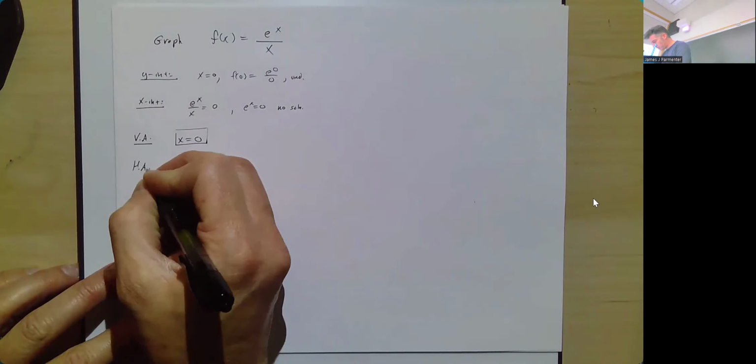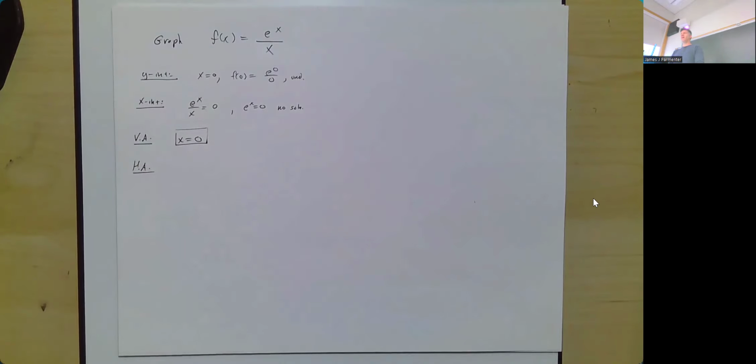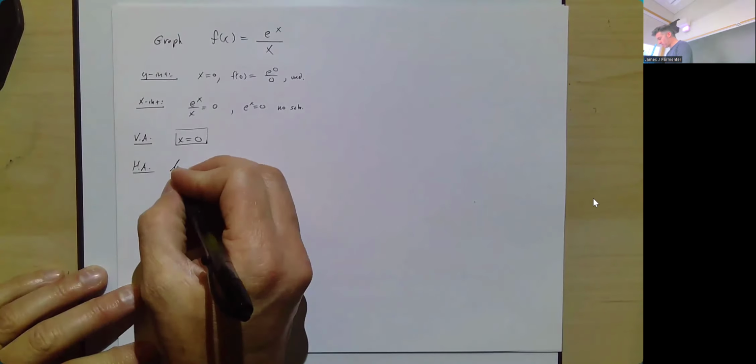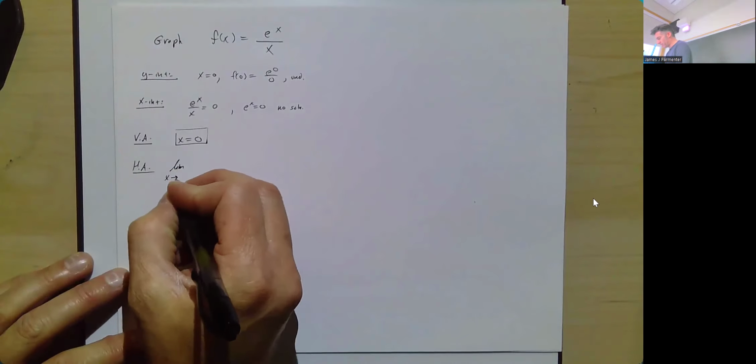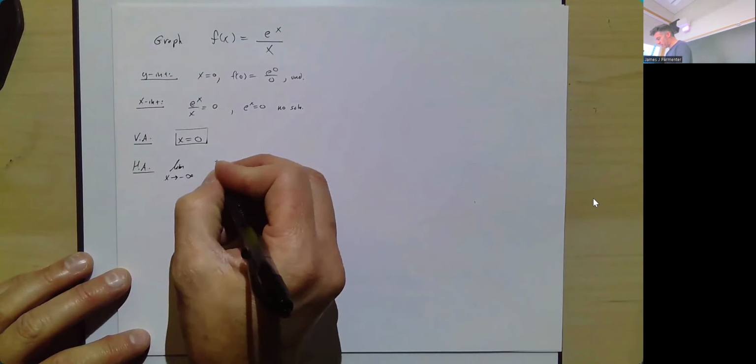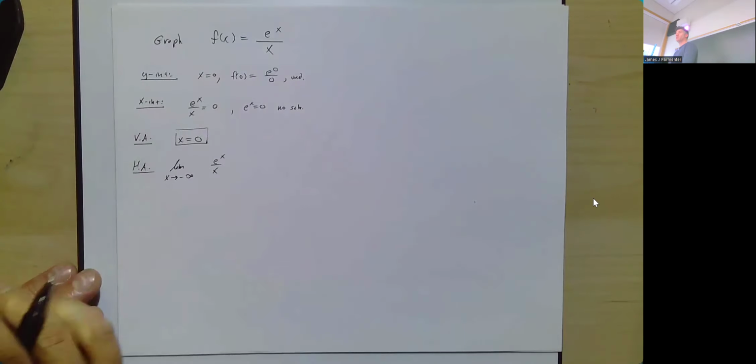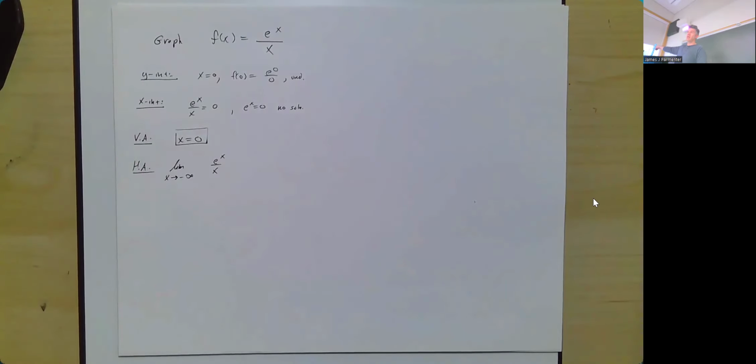Horizontal asymptotes. If I'm finding all the things, sometimes I leave this to the end. Here it's kind of terrible. So I'll point out that you have to look at the limit to either side. So look at the limit as x goes to negative infinity of e to the x over x. So as x goes to negative infinity, what's happening to e to the x?